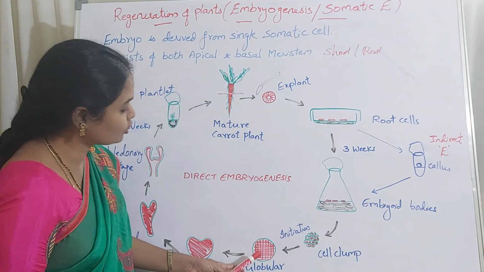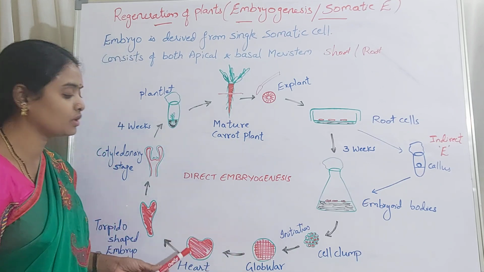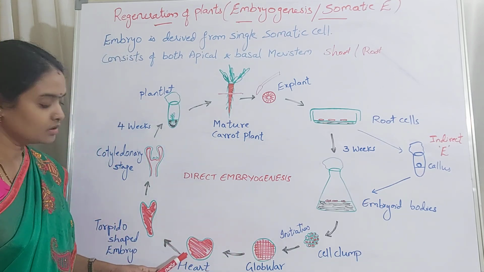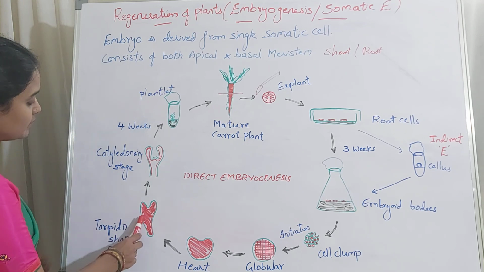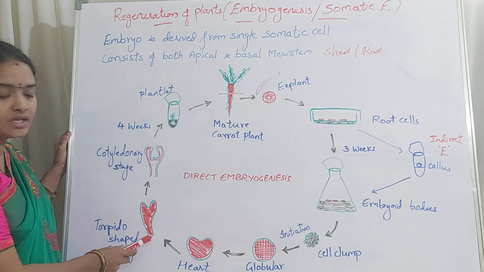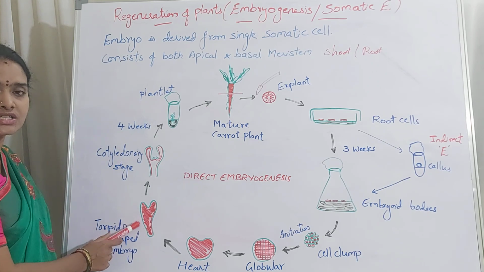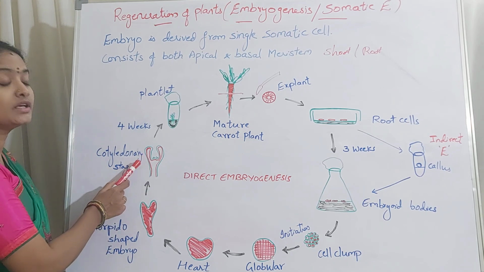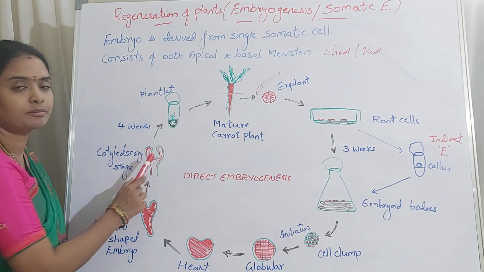This globular stage embryo further develops into a heart-shaped embryo, followed by a torpedo-shaped embryo, which has a long elongated tail. This is the last embryo stage. Further, it enters the cotyledonary stage, where the cotyledons are present.